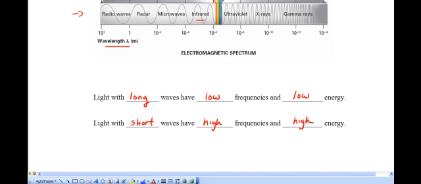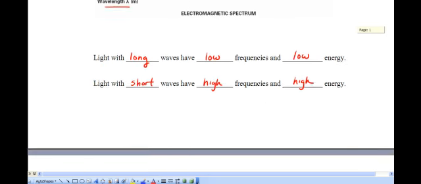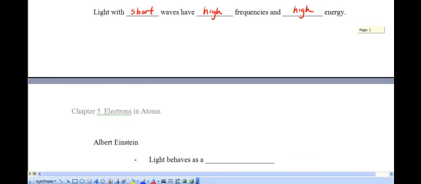This idea of corresponding relative amounts of energy to color is really where we're going to be able to understand how these electrons behave around the nucleus.